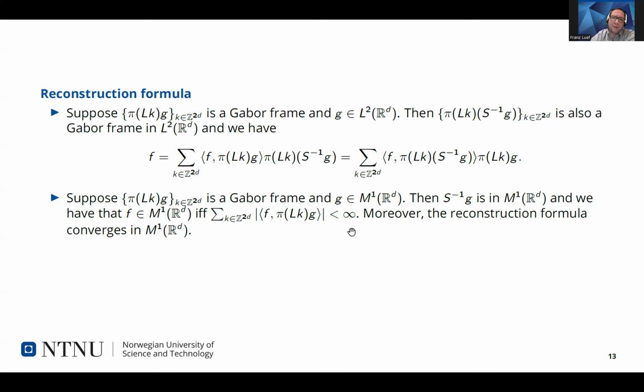And of course, as you might imagine, you can put a p here, and then there's actually a whole family of spaces, not just M1. There's a whole family of modulation spaces, M^p, that satisfy the same thing, where you can discretize them, and the p-th power of these coefficients determines if they are in the corresponding modulation space.